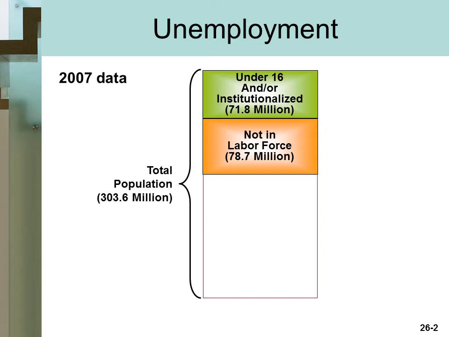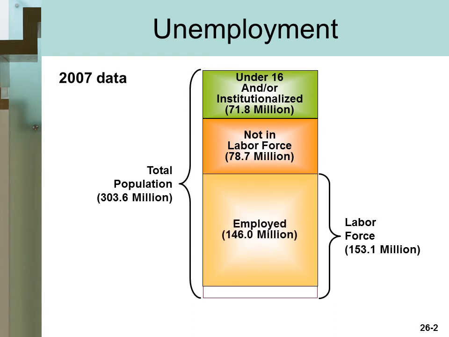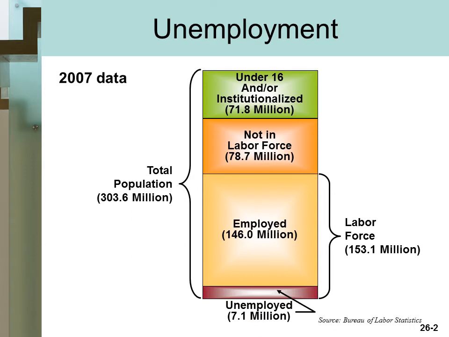So roughly half the U.S. population is not in the labor force. That leaves two groups, which are easy enough to define. Anybody with a job, if you are employed, you're obviously part of the labor force. And then, like I said earlier, anyone actively seeking employment, anyone looking for a job, would be part of the labor force.